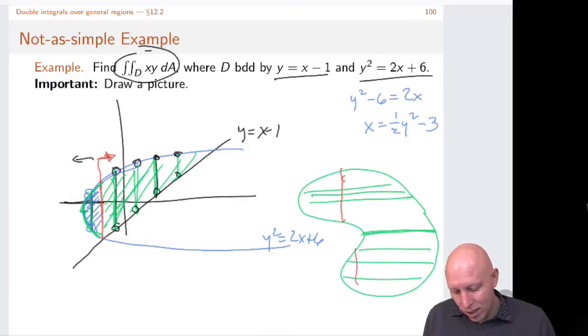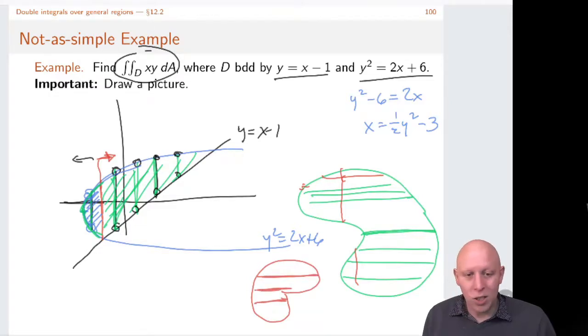Even the horizontal slices could look complex. I could even draw a picture that looks like this, and you could imagine that you're going to have to deconstruct this region into multiple pieces. So that's an aside.